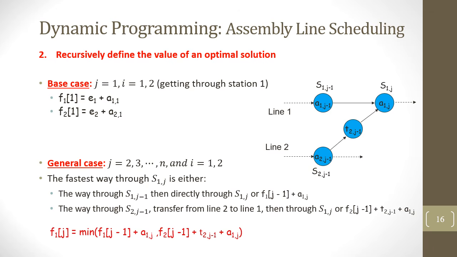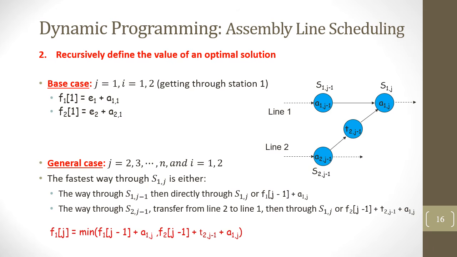The base case will be station 1 on both lines. So the finish time of station 1 on lines 1 and 2 will be the entry time to a line plus the assembly time of that station.